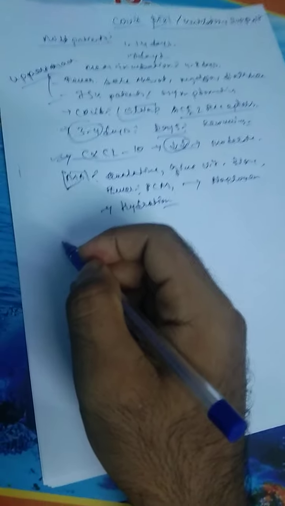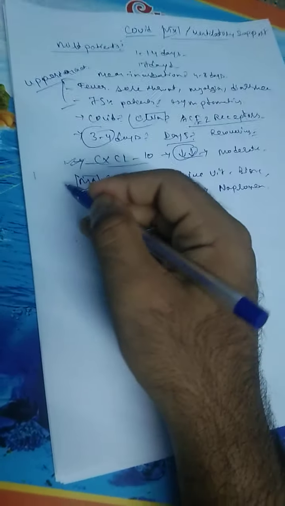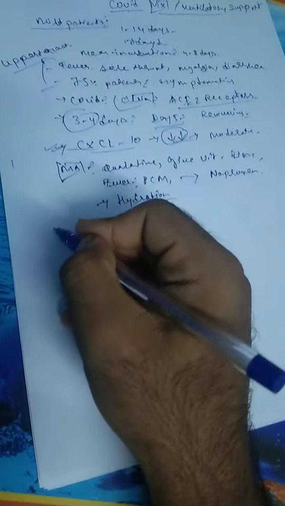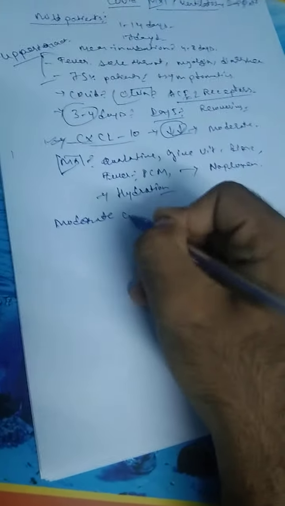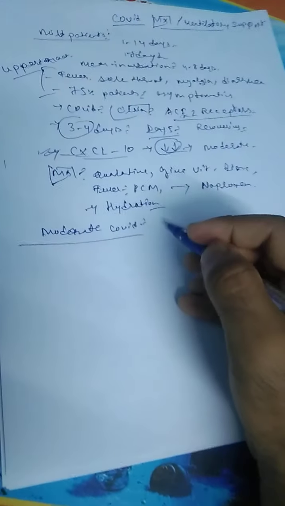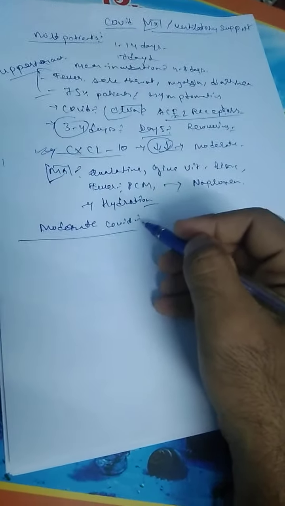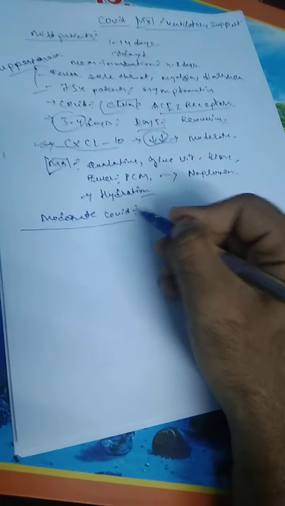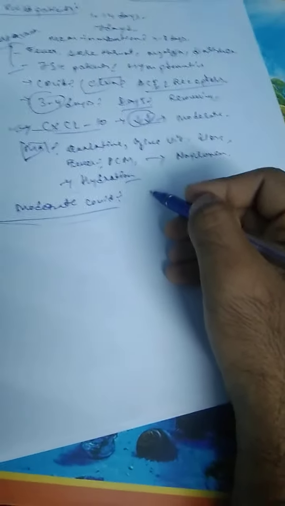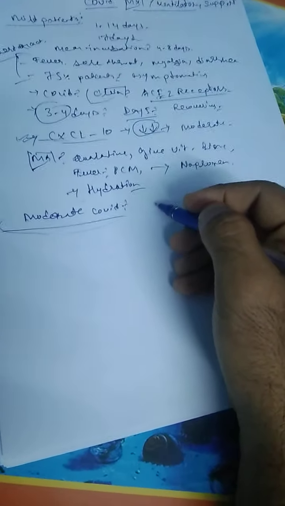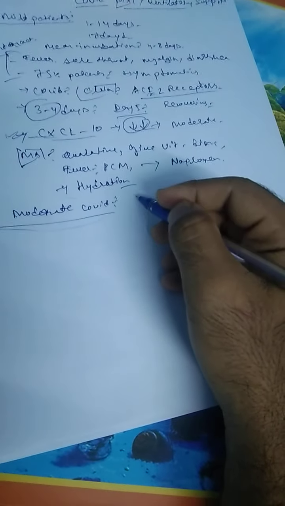Now the main thing is patients with moderate COVID. There lies the catch point, there have been a lot of such patients, and it is the main area we are trying to focus on, because it is the area that we have to treat. So what happens in moderate COVID?